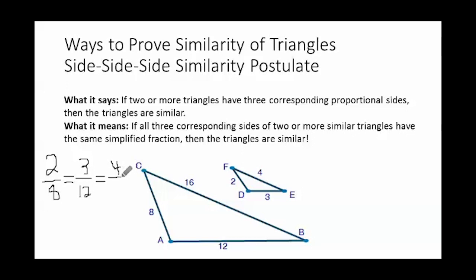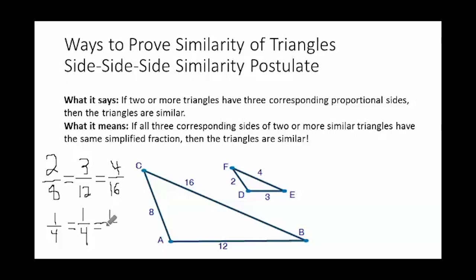Again, I have to simplify each of them, or I could go ahead and plug these all in my calculator and figure out what decimal is 2 over 8. But 2 and 8 are both divisible by 2, giving me 1 over 4. 3 and 12 are both divisible by 3, giving me, again, 1 over 4, so this is looking good. And 4 and 16 are both divisible by 4, giving me 1 over 4.